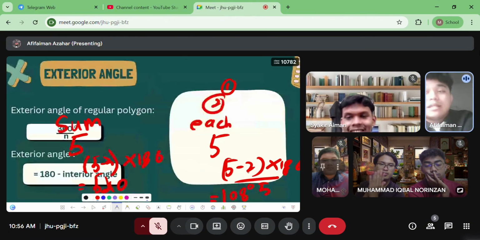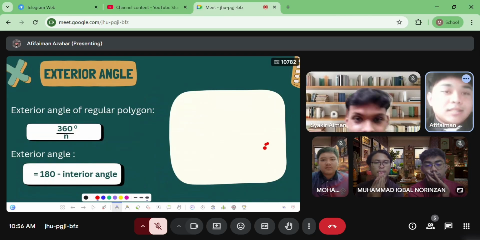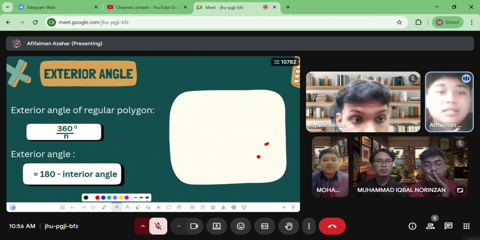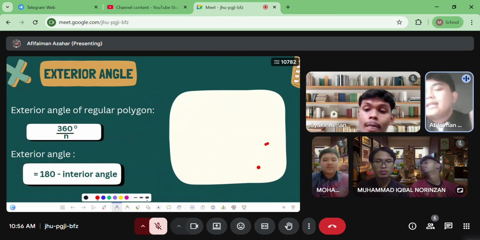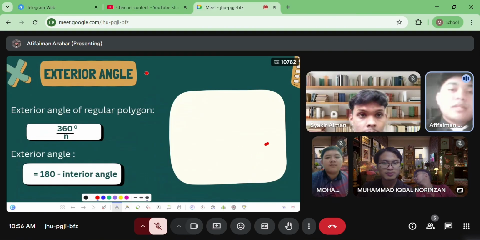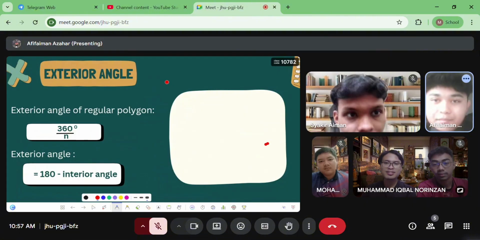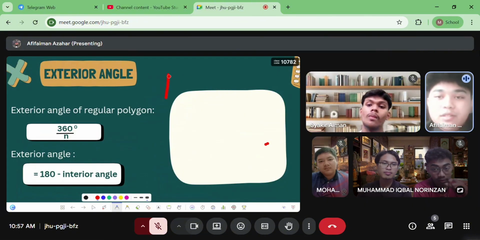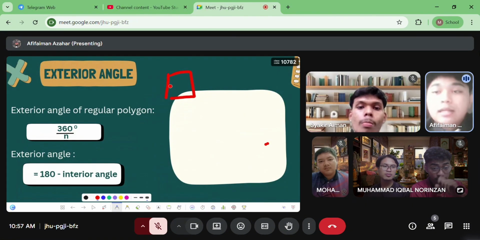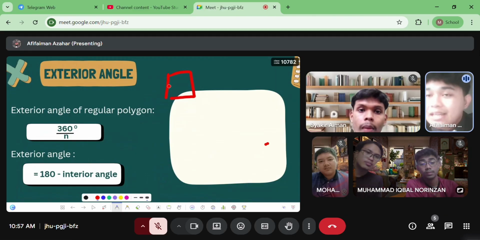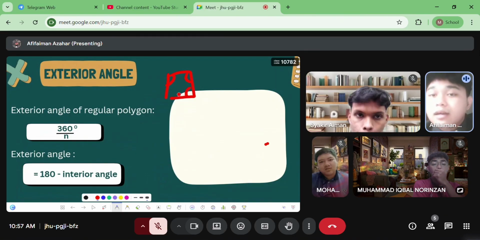It seems that you guys really understand that. Right. So our next topic is to find the exterior angle. So basically, what is the interior angle and what is the exterior angle? Let me give you an example. When you have a square like this, the interior angle is inside, it is the angle inside.